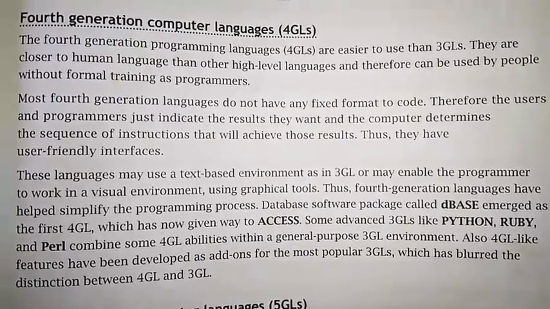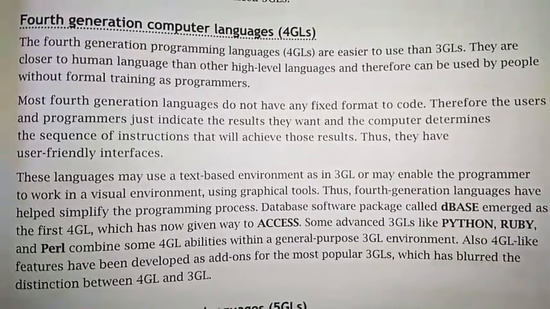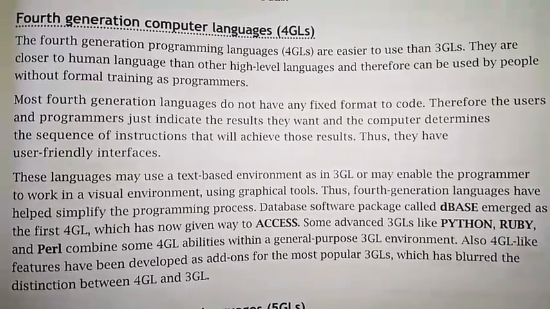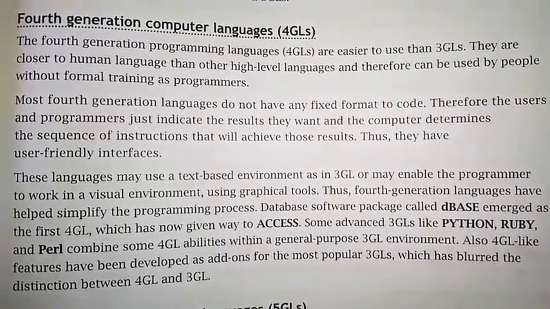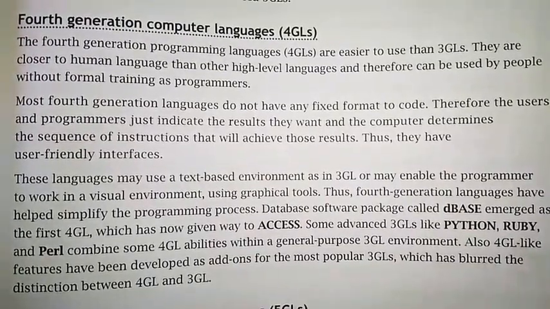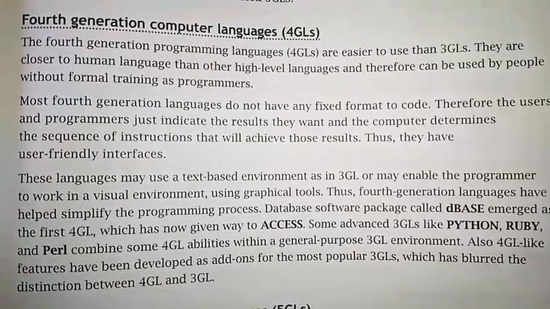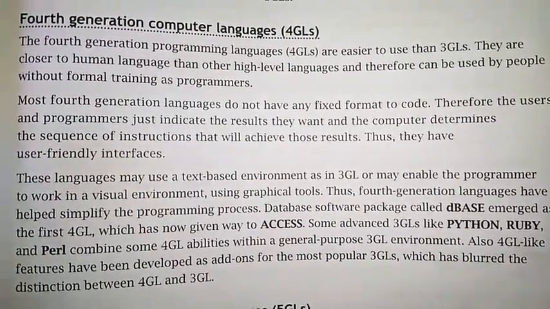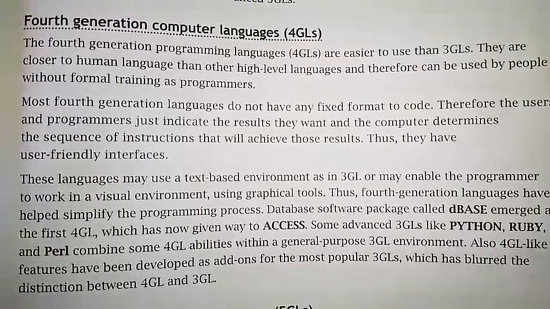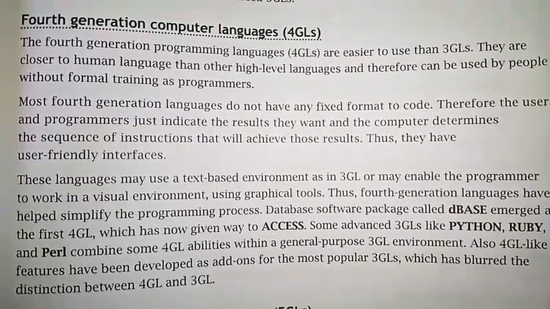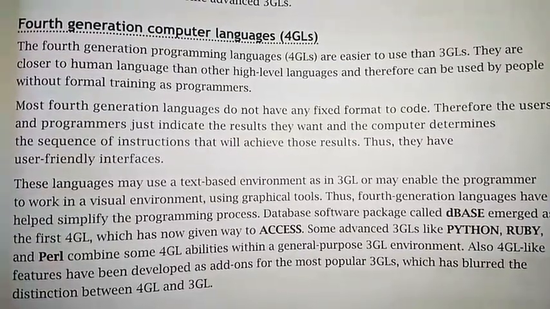These languages may use a text based environment as in 3GL, or may enable the programmer to work in a visual environment using graphical tools. Mostly in the fourth generation computer language, graphics are used in place of codes because graphic tools are very easy to understand and use.